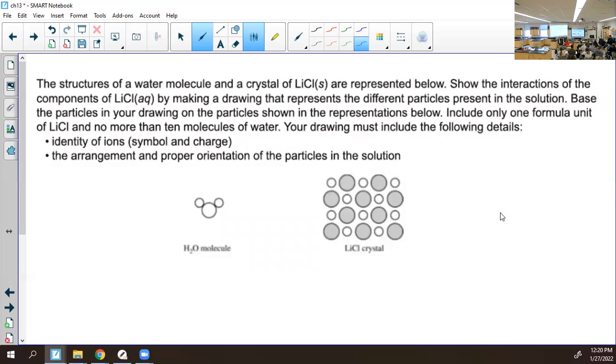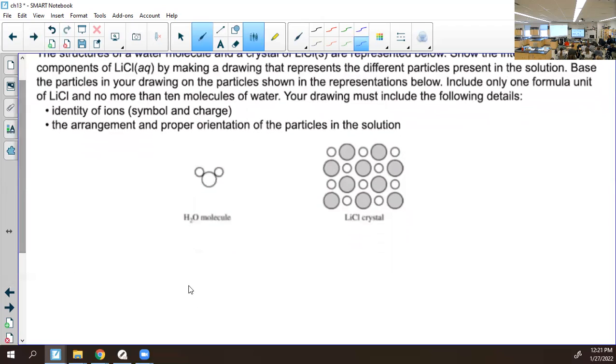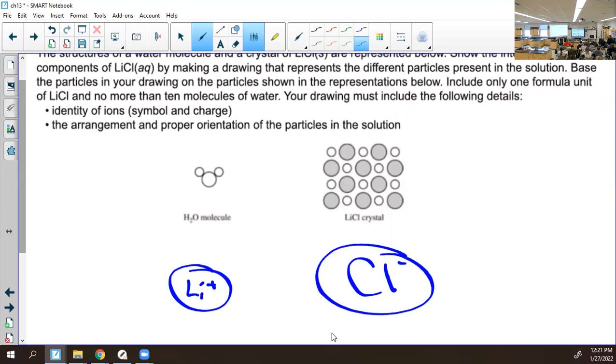Yeah, so saying put one Li and one Cl, like a Li plus and a Cl minus. Only use one of those. And then you better draw no more than 5 on each one, right? Because it wants 10.